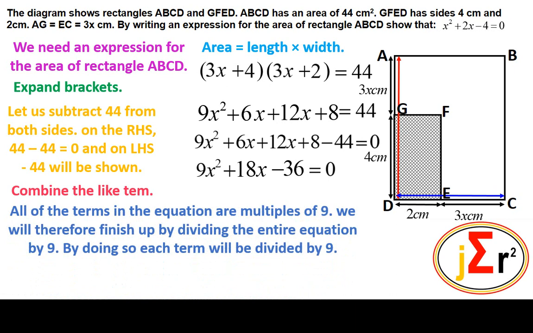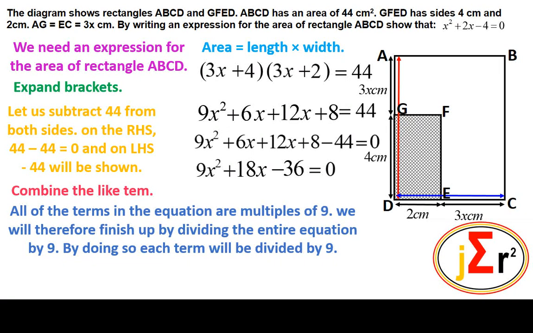All of the terms in the equation are multiples of 9. We will therefore finish up by dividing the entire equation by 9. By doing so, each term will be divided by 9. In dividing the entire expression or equation by 9, consequently, each term has to be divided by 9.